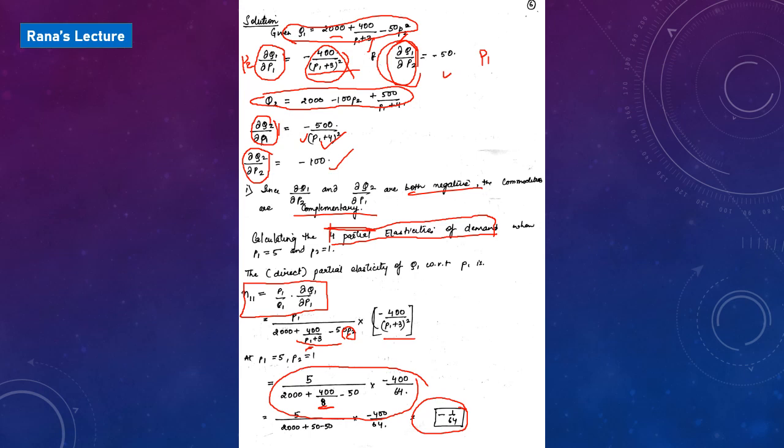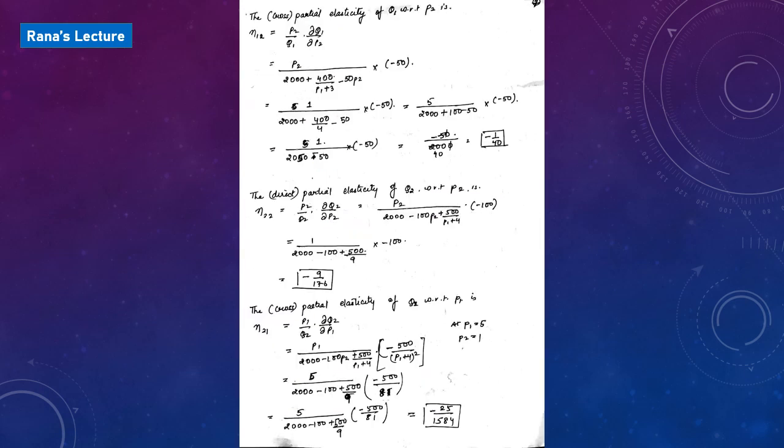Out of the 4 partial elasticities we calculated one, we are left with three. Now the cross partial elasticity, right? That was direct partial elasticity. Cross partial elasticity of Q1 with respect to P2. You know the formula already, right? Okay.